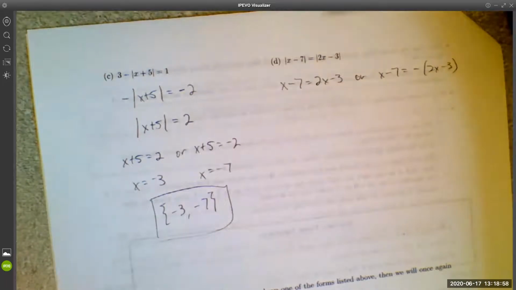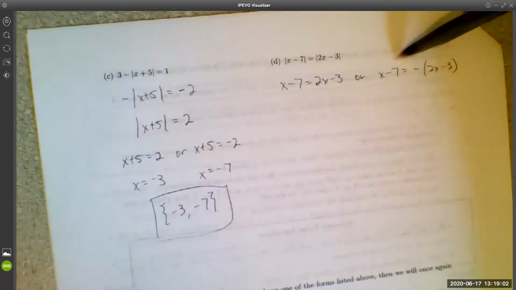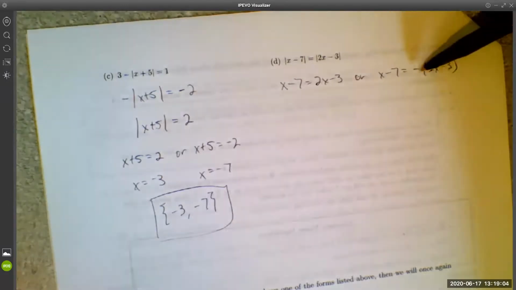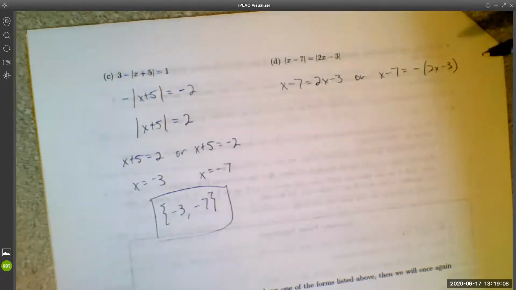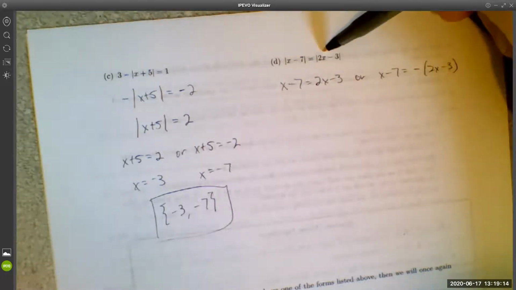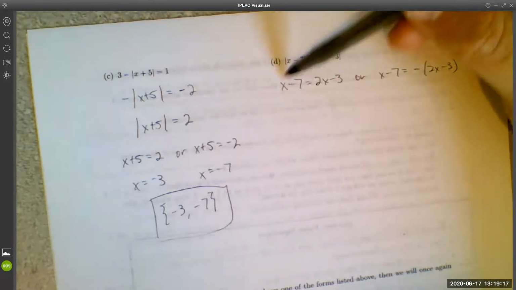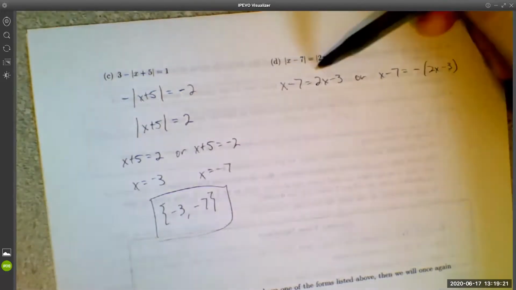Shouldn't you consider if 2x minus 3 equals negative x minus 7? But that case would be exactly equivalent to this one. You just divide both sides by negative 1 and you get this case, so you don't get any new information that way. Or you might think, why don't we consider negative x minus 7 equals negative 2x minus 3? But again, that's equivalent to this first case. So all of the cases are handled just by looking at these two.